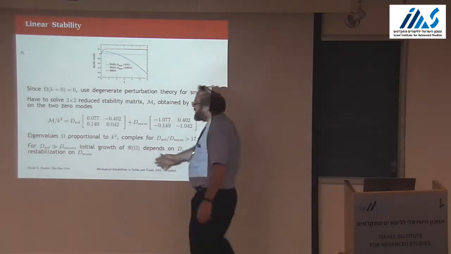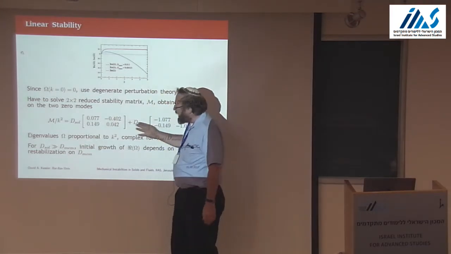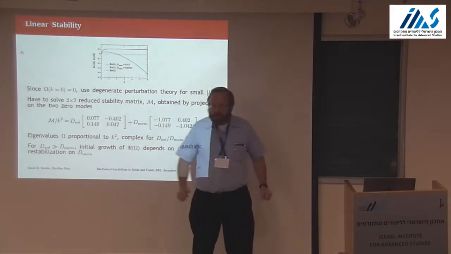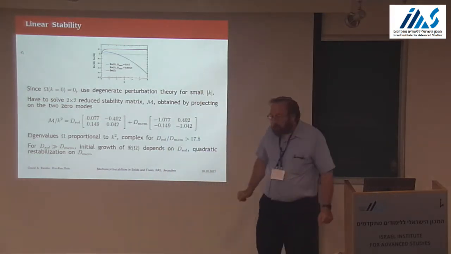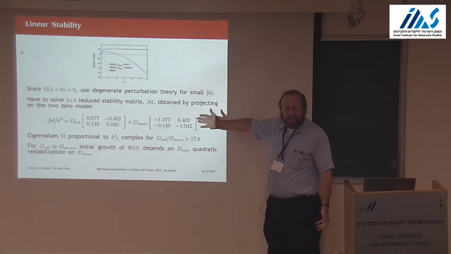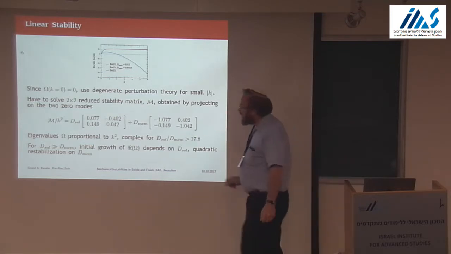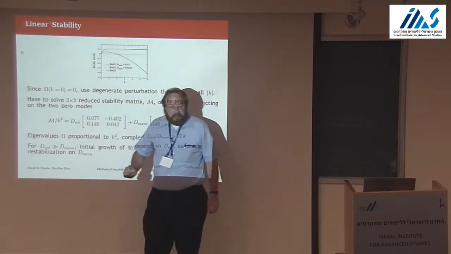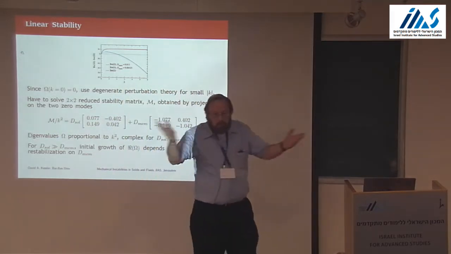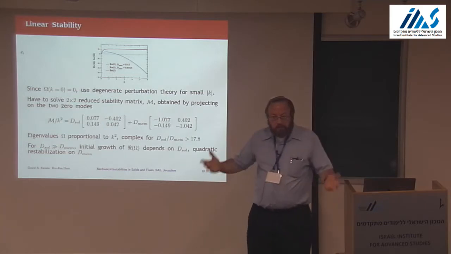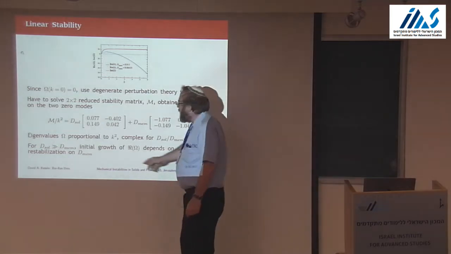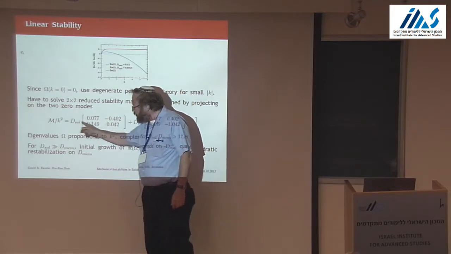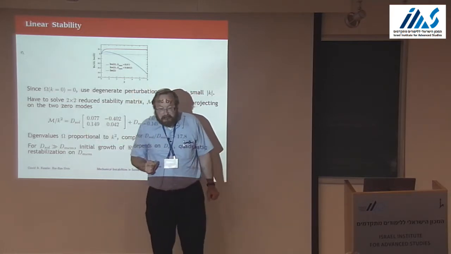So you write down the stability matrix, and the entries are numerical because they depend on the steady state solution, but the structure is that the matrix is proportional to k squared, because when k equals 0, both modes are 0. So the matrix is just 0. And obviously, therefore, they're proportional to the diffusion constants.